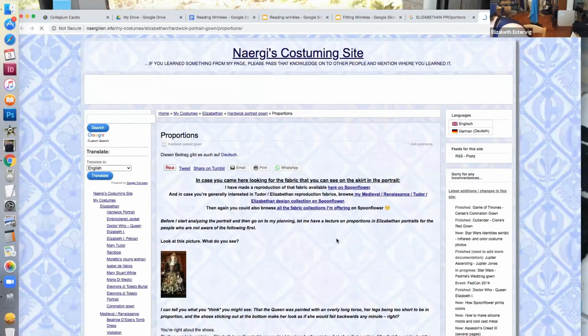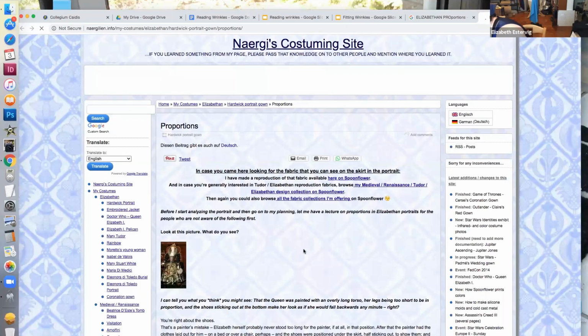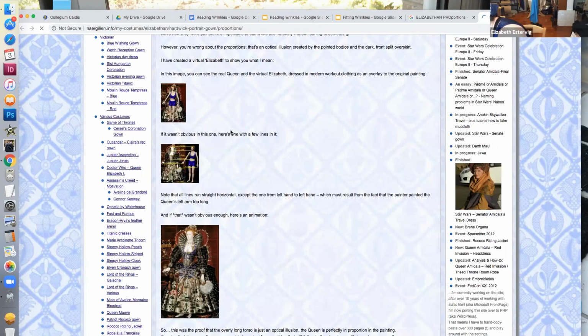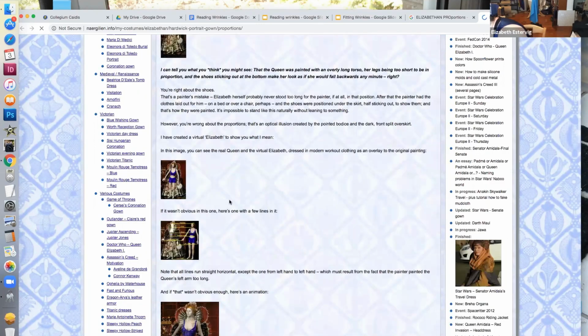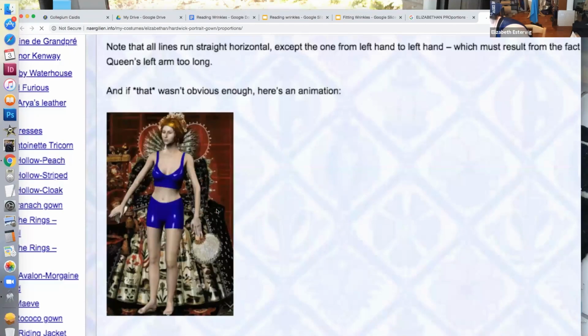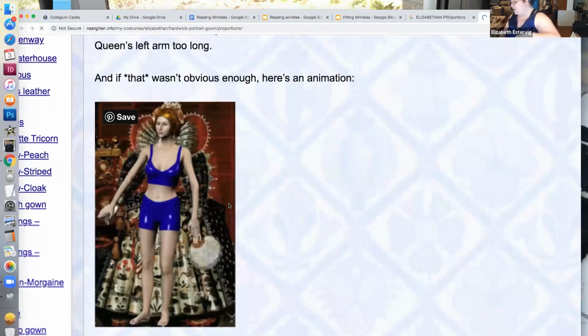So one of the cool things about, you look at this Elizabethan portrait, right? Queen Elizabeth, and you look at those proportions and they're insane, right? Like they look like they're inhuman. And yet, if you space it out, you can totally fit a human in it, right?